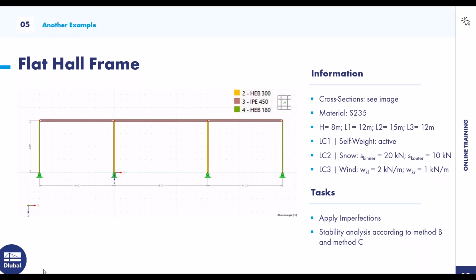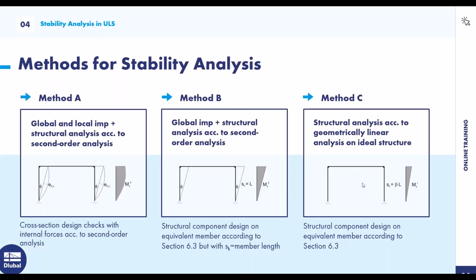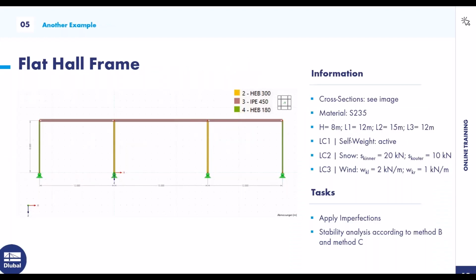Now we can turn back to the slide. That's with the determination of the buckling lengths, without imperfections, and method B with imperfections.